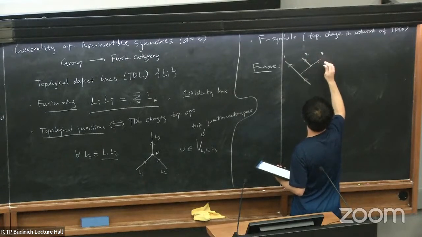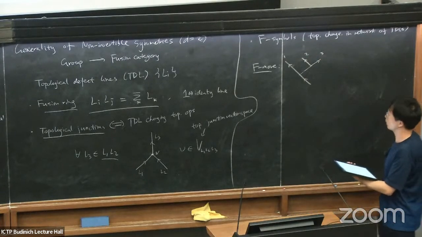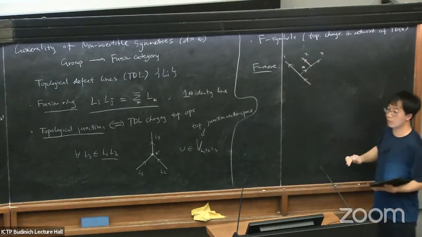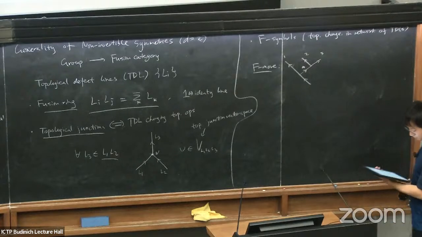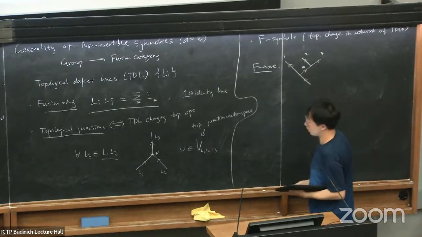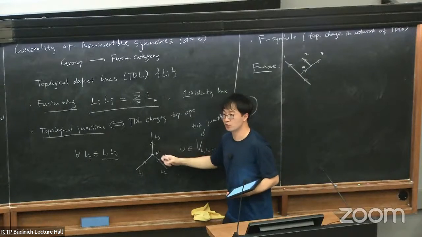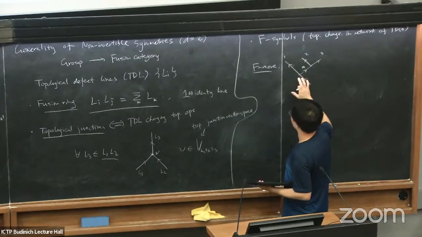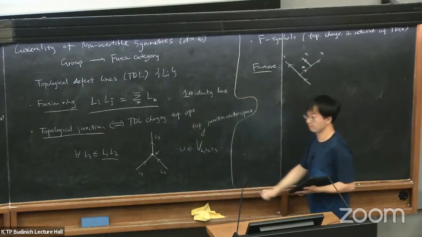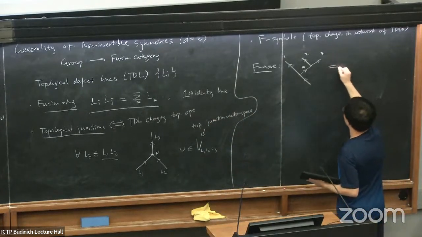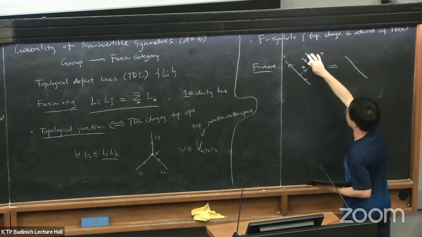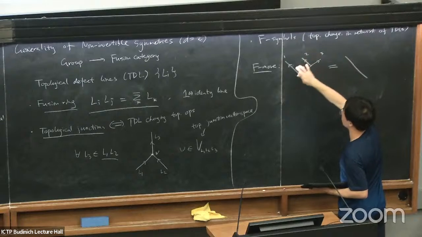So 1, 2, 3, 4 denote four topological defect lines, and A labels this internal topological defect line. All these junctions are topological junctions, so they're specified implicitly by some specific vector in this vector space. The F move corresponds to a topology change in this network by reconnecting the second topological line to another leg.